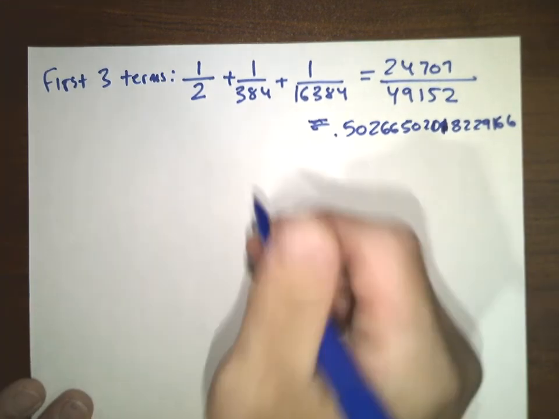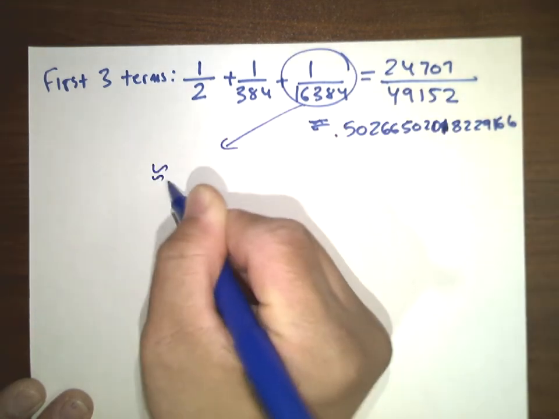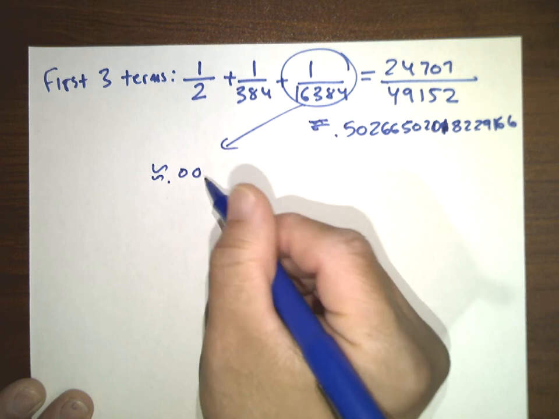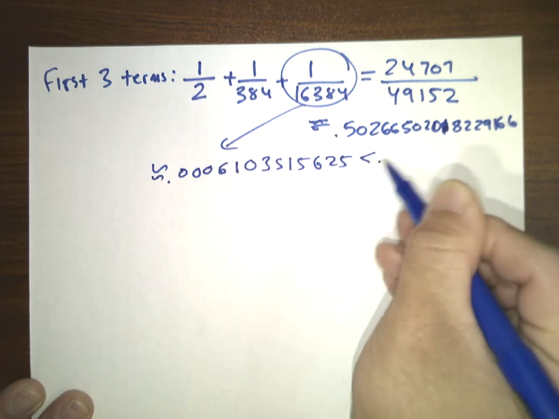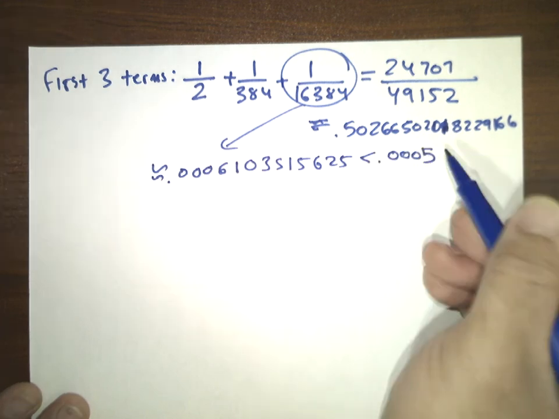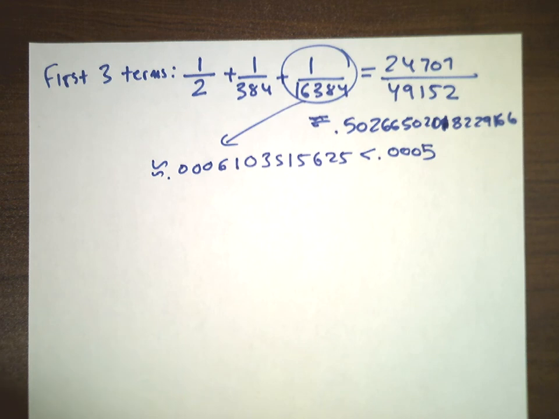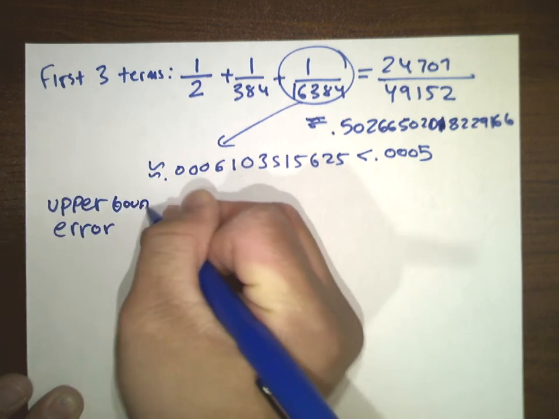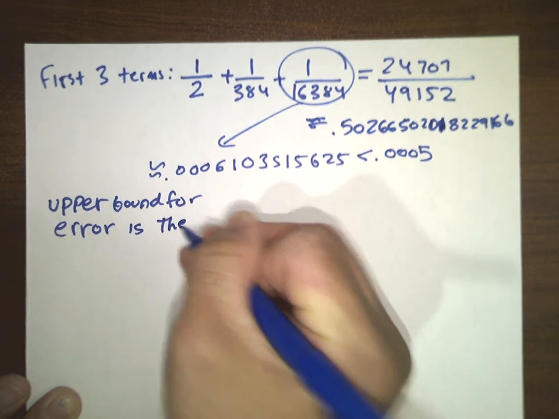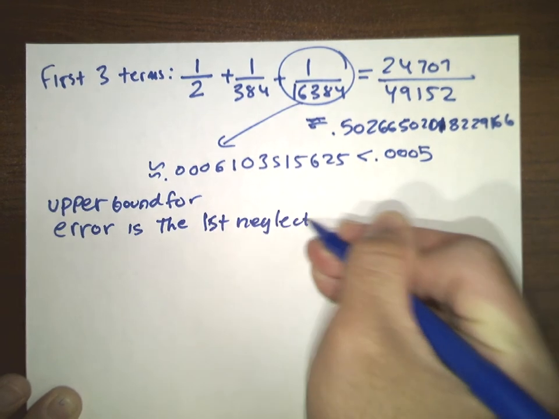So now this number right here is approximately 0.0006103515625, and that's less than 0.0005. So what do I know then? I know that the upper bound for the error is the first neglected term here.